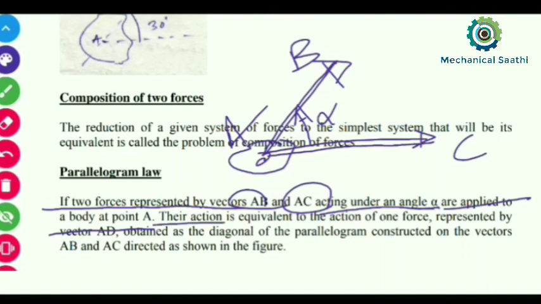Their action is equivalent to the action of one force acting at a single point, represented by the vector AD.